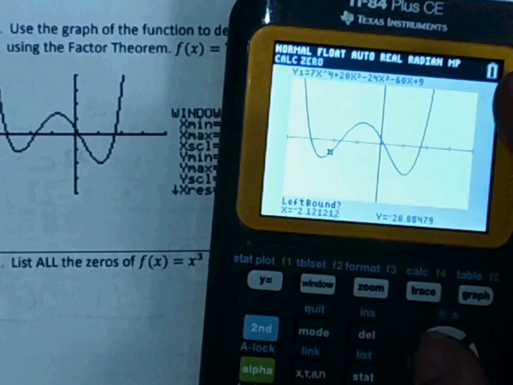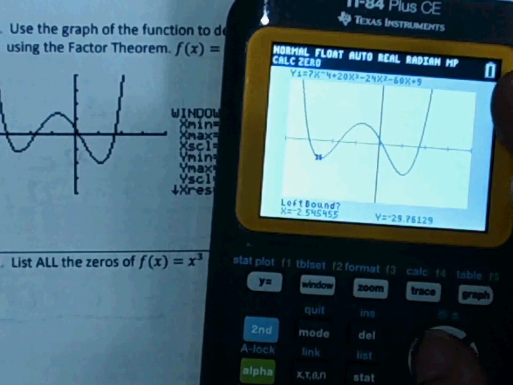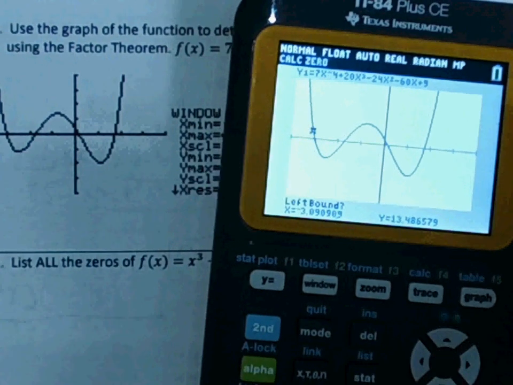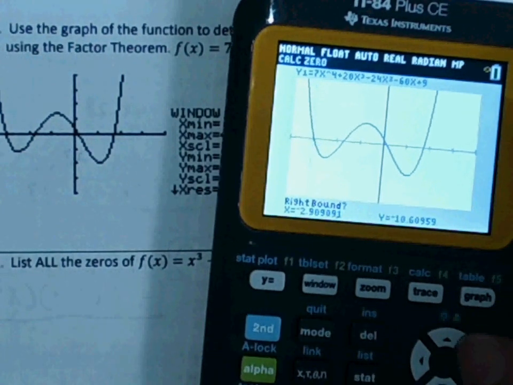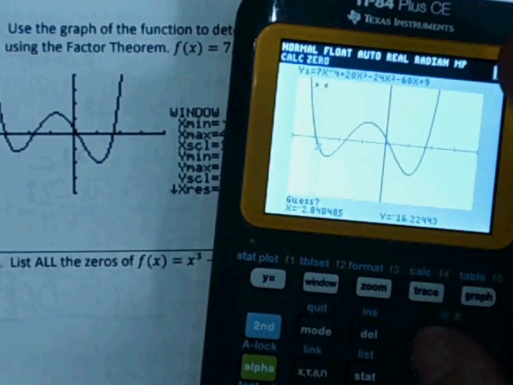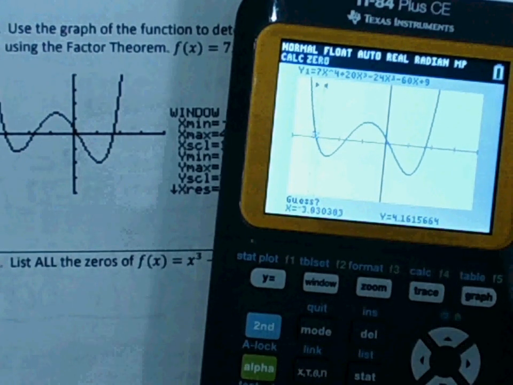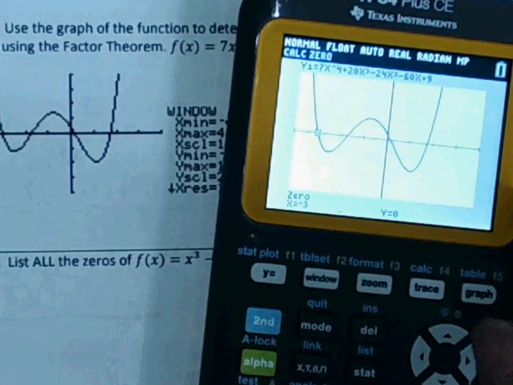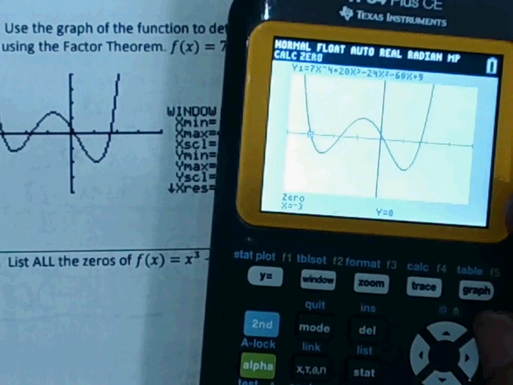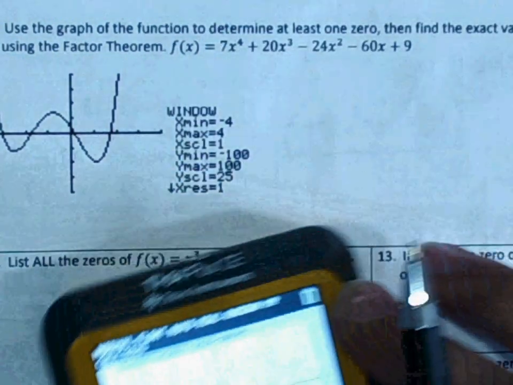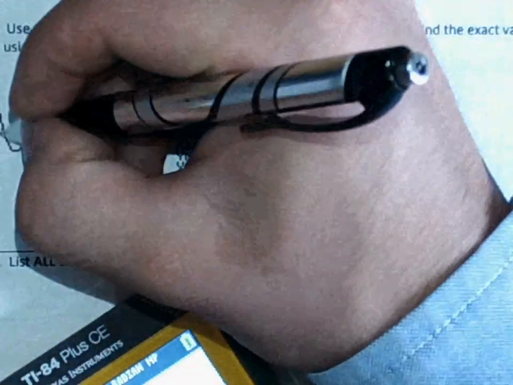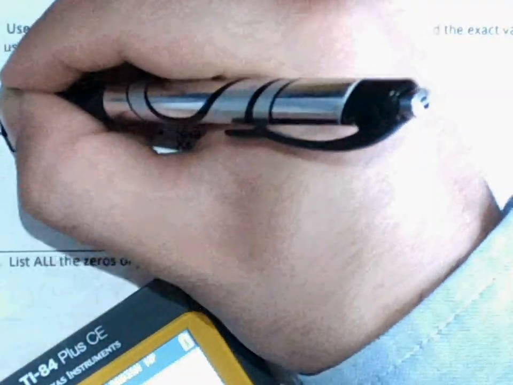I'm going to choose a left bound point and a right bound point, and then my best guess will be right here. And yeah, so there's a 0 at -3, 0.